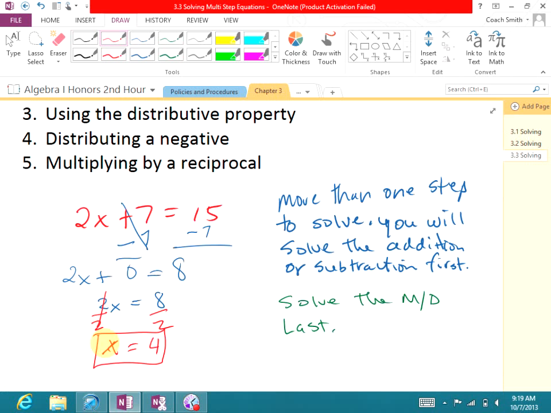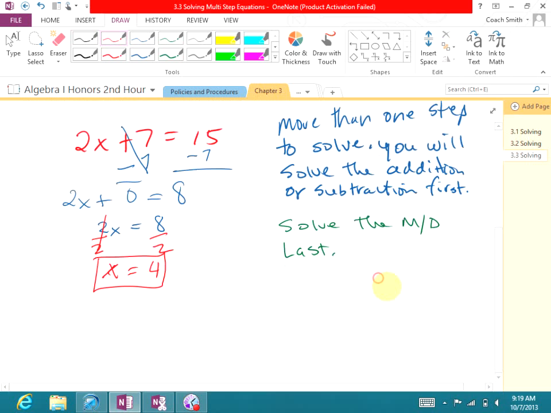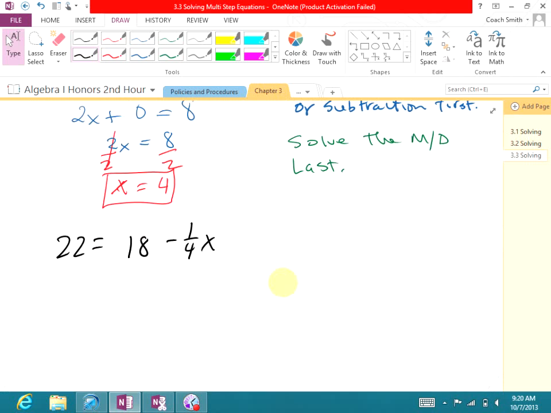Okay? Let's deal with one that has a fraction in it. Let's see here. 22 equals 18 minus 1/4 x. Okay? Now, obviously, the two steps are the multiplication there and the subtraction there. I'm going to rewrite this problem as 22 equal 18 plus negative 1/4 x.